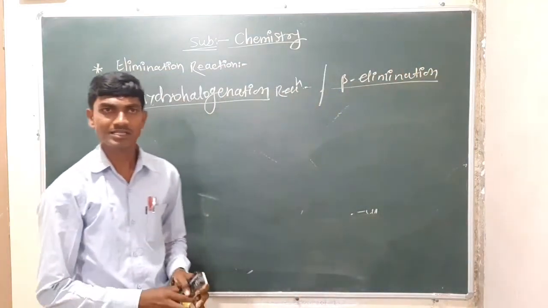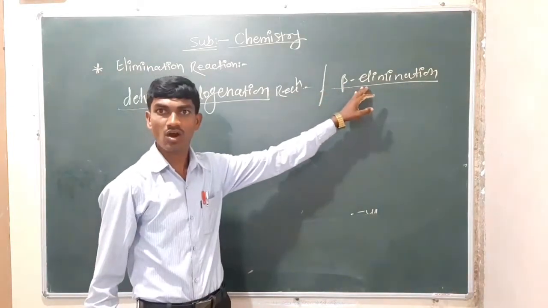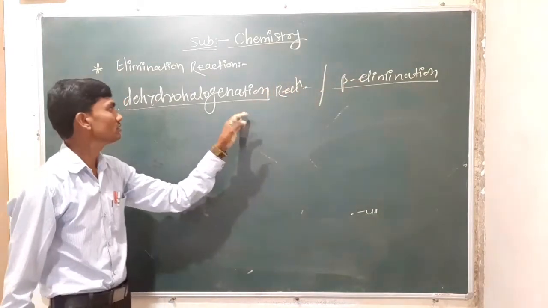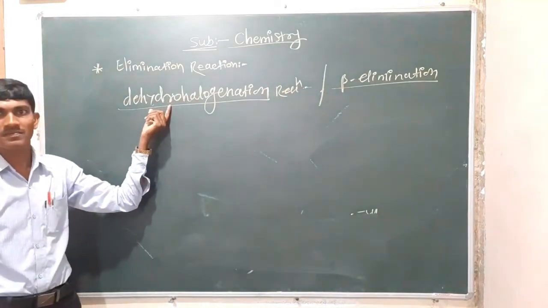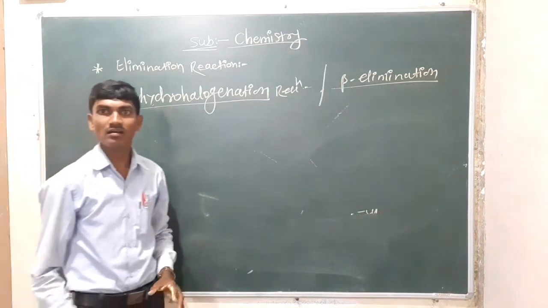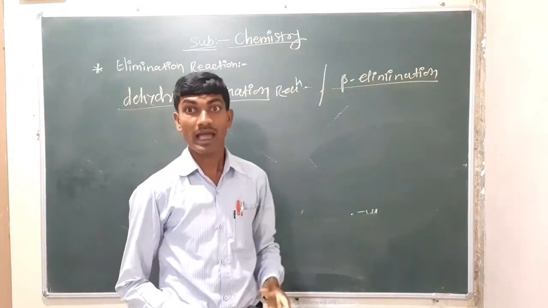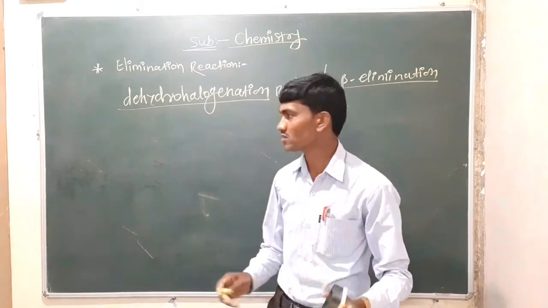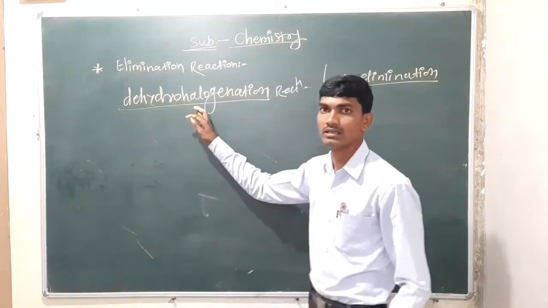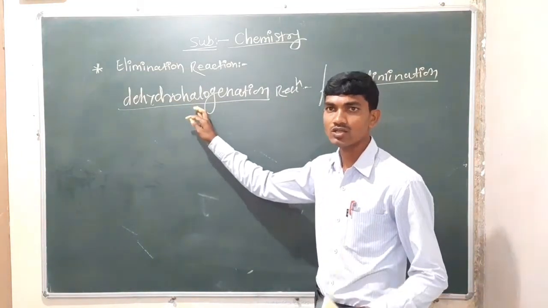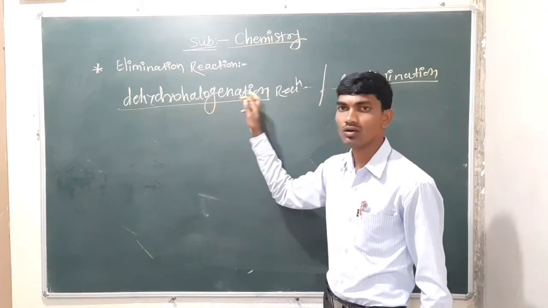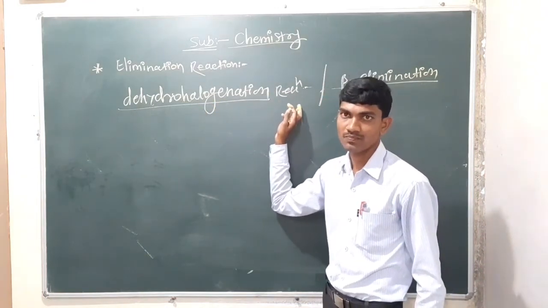Why is this reaction also called beta elimination? Because in this reaction, the removal of the alpha halogen atom and the beta hydrogen atom occurs, and that's why this reaction is also called dehydrohalogenation reaction.